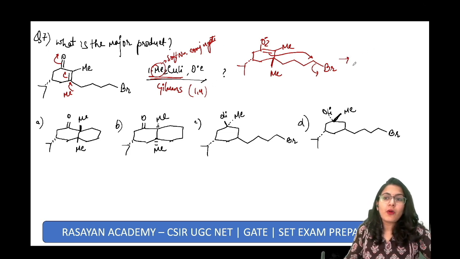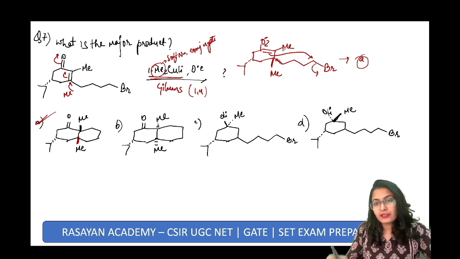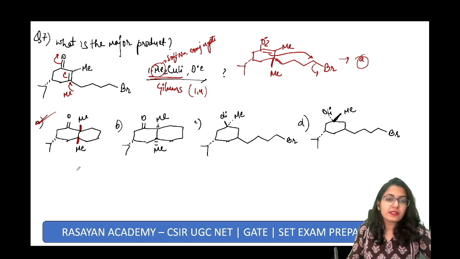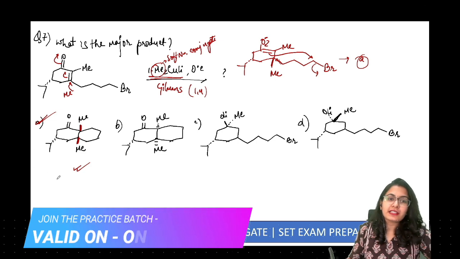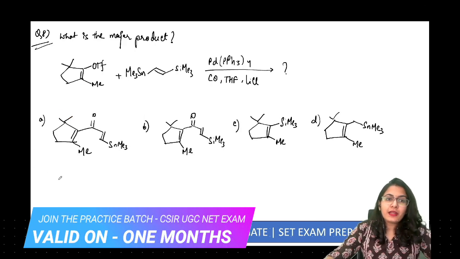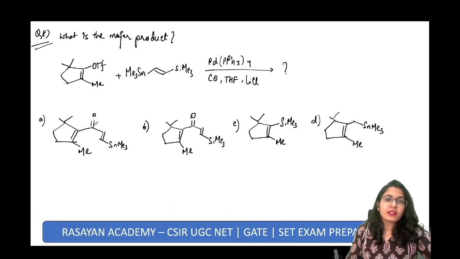That is going to give you option number A as the major product, because since one methyl is already above, this bond definitely has to go below, and that is going to favor the cyclization taking place from below and this methyl coming up. Alright, so cis geometry is going to be more favored, and that's why A is the correct answer. Moving onwards to next question, what is the major product over here?